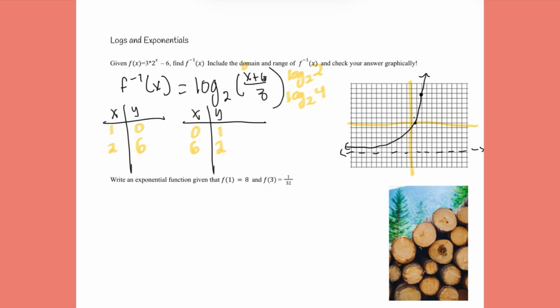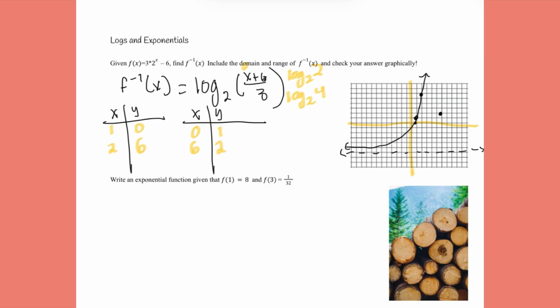Now I'm going to graph the points for the logarithmic function. I get 0, 1, so that point's going to be here, and 6, 2, here. Since we had a horizontal asymptote at y equals -6, and every logarithmic function has a vertical asymptote, this asymptote is going to be at x equals -6.